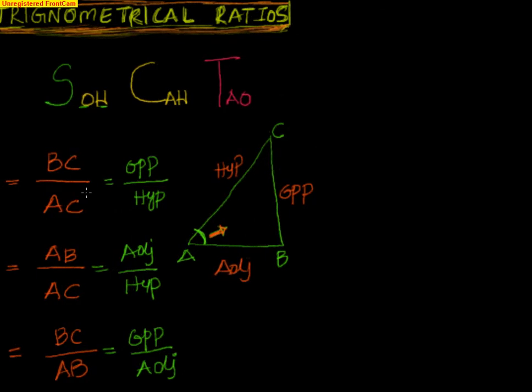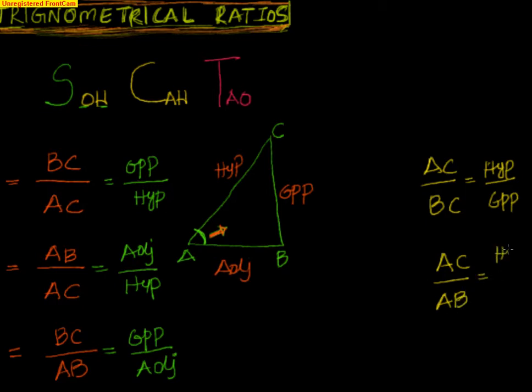Now can we reverse this and see what happens? If I say AC by BC, that is nothing but hypotenuse divided by opposite BC. Similarly, I want to find AC by AB, that is nothing but hypotenuse divided by adjacent AB, right?